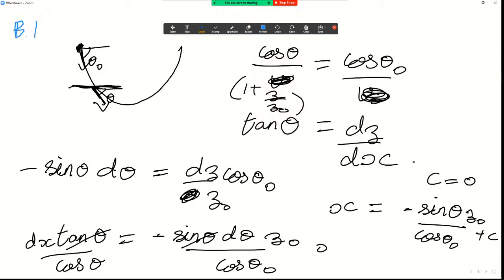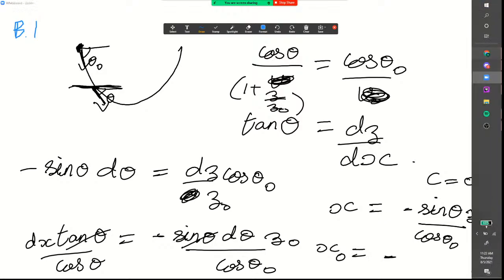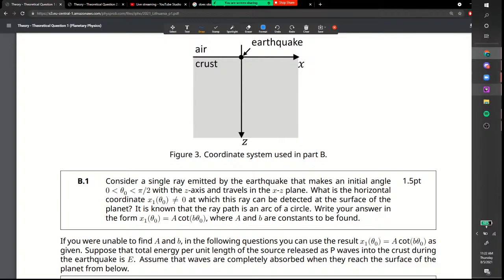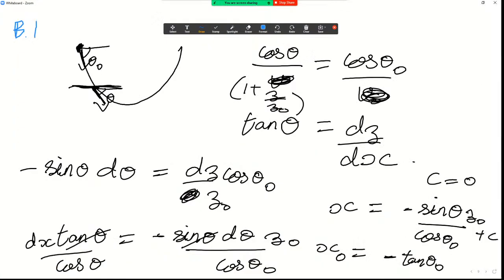And if we plug x equals x naught, then we can get minus tan theta naught times z naught.